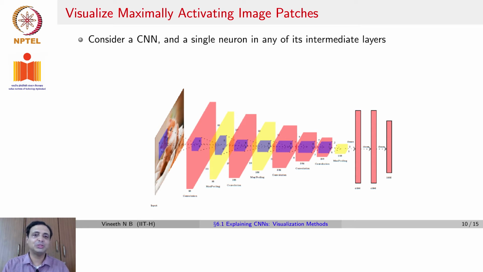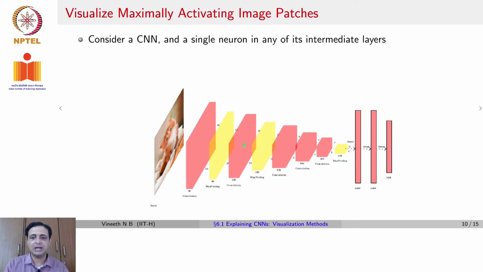Another way of visualizing and understanding CNNs is to extend the same thought and consider a trained CNN. Remember that all of this analysis is for a trained CNN. After training the CNN, you want to understand what it has learnt. That's the context in which we are talking about this. So you can consider a CNN and consider any single neuron in its intermediate layers.